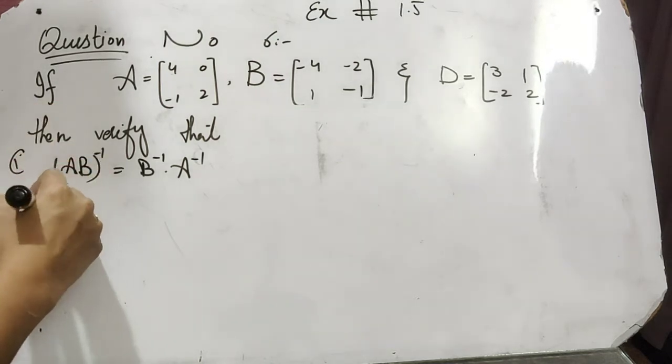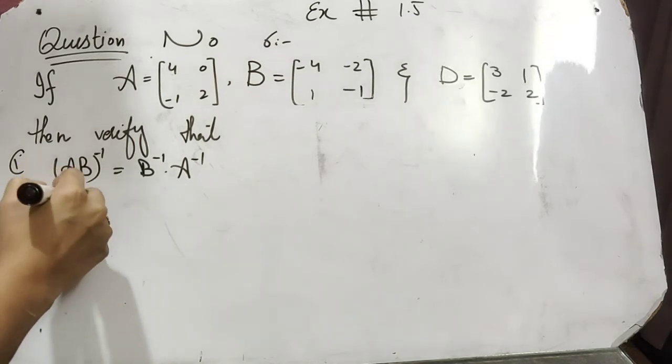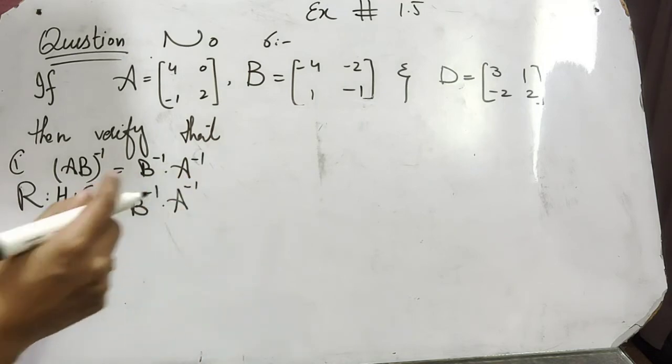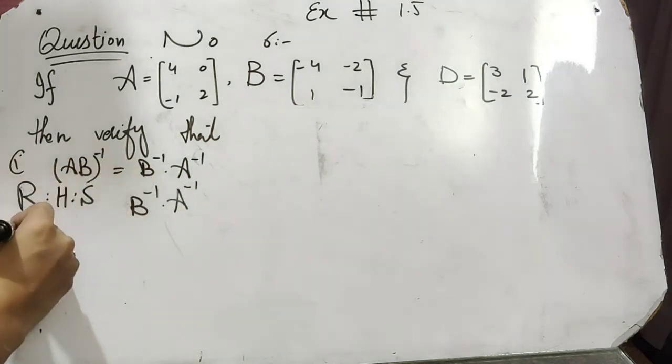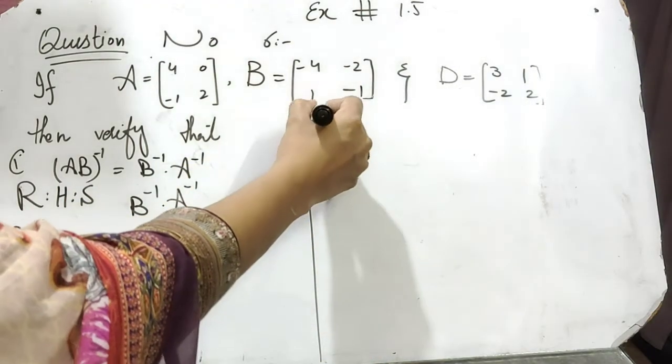The right hand side is B inverse into A inverse. First we solve B inverse and then we solve A inverse.